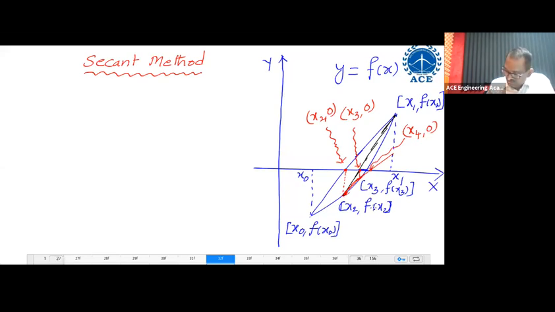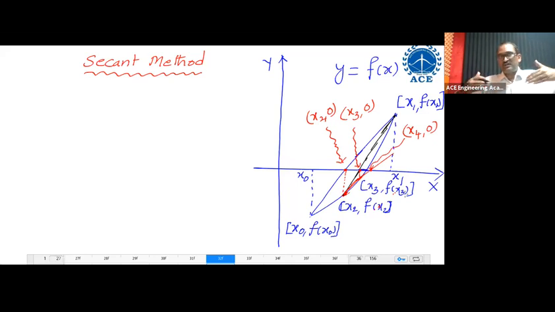But here f of x2 and f of x3 are both in the fourth quadrant. In the fourth quadrant, the y coordinate is negative. It means f of x2 and f of x3 have the same signs.